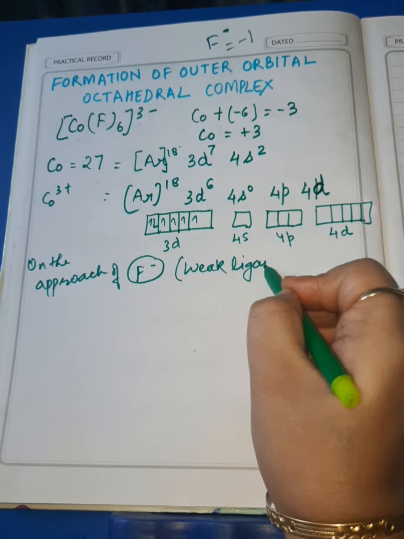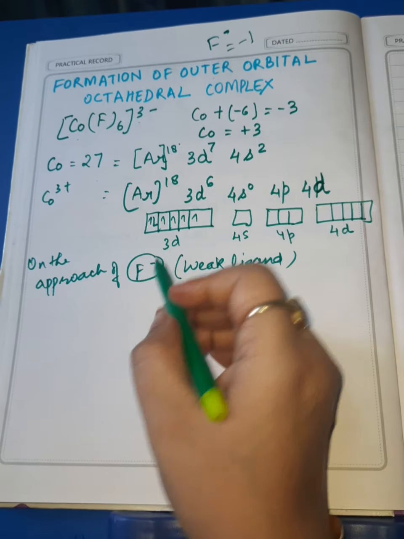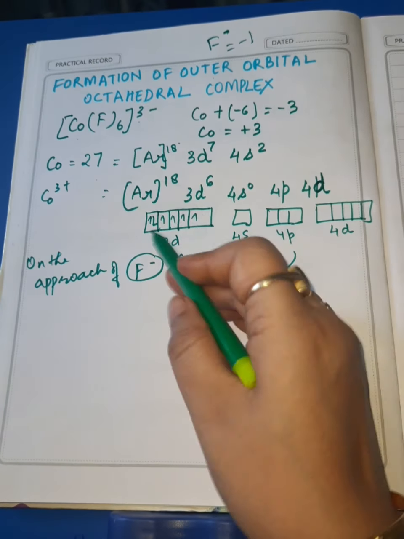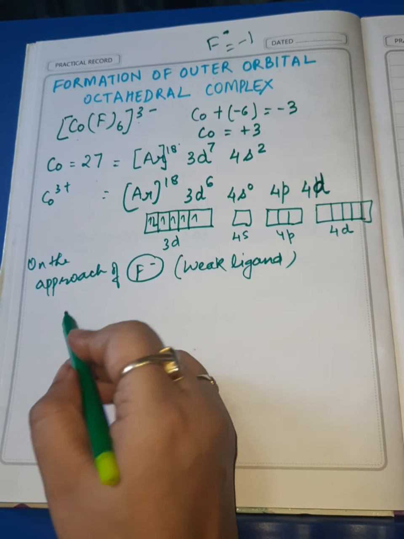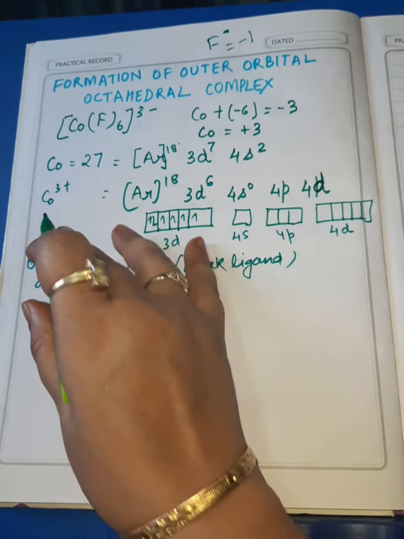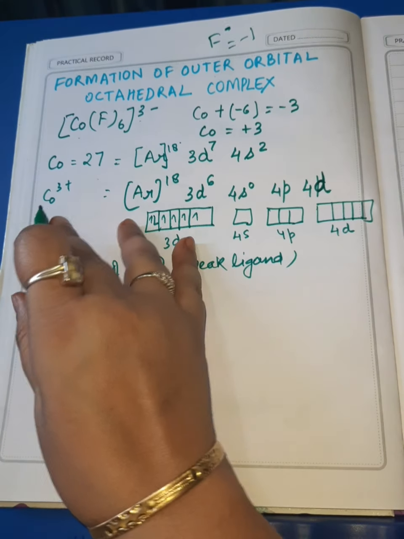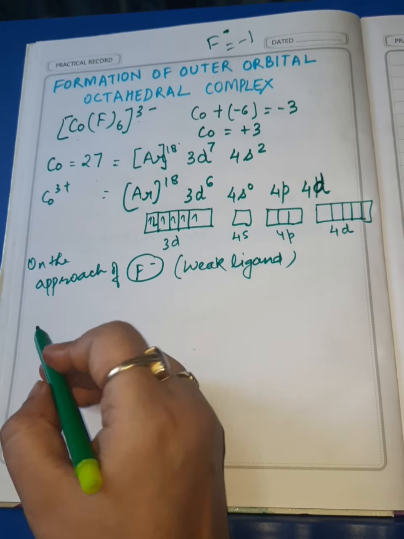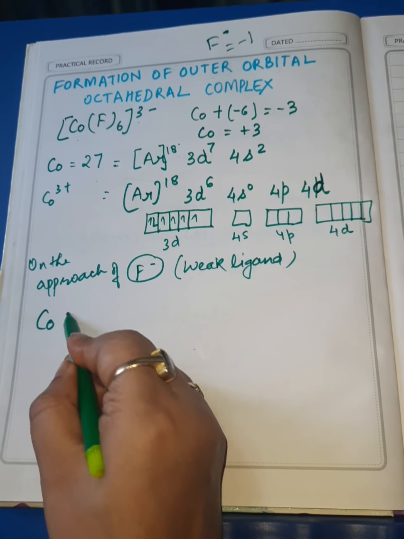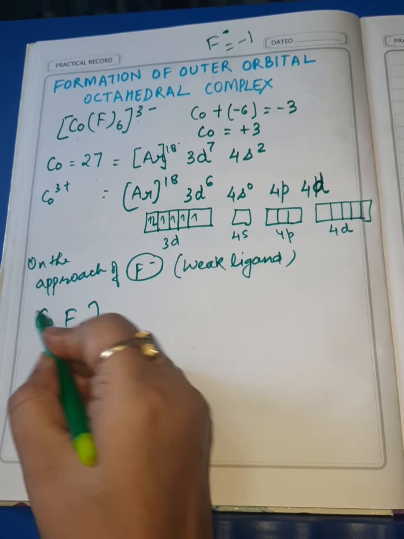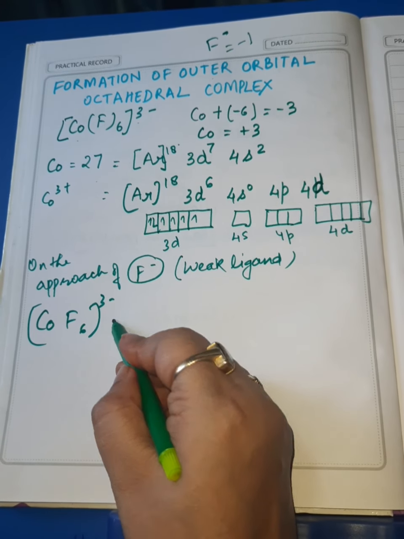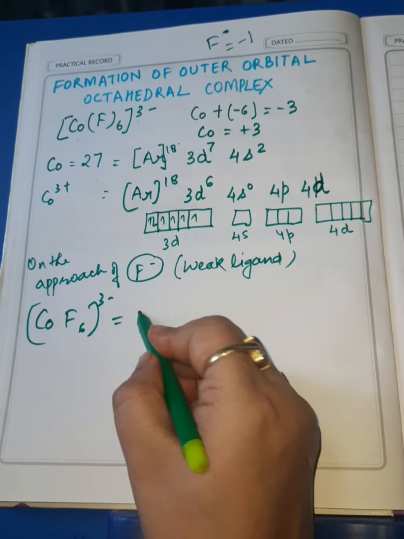On the approach of this weak ligand, no pairing will take place because weak ligands can't bring about the pairing of the electrons. So the situation remains as it is. In this situation only F minus coordinates with the cobalt ion. So on the approach of F minus, when the formation of the complex [CoF6]3- takes place, then the situation is like that.